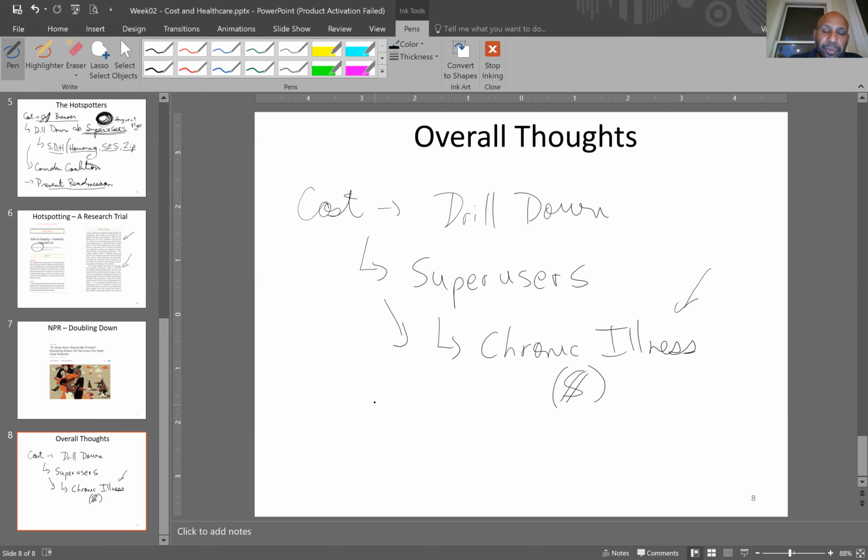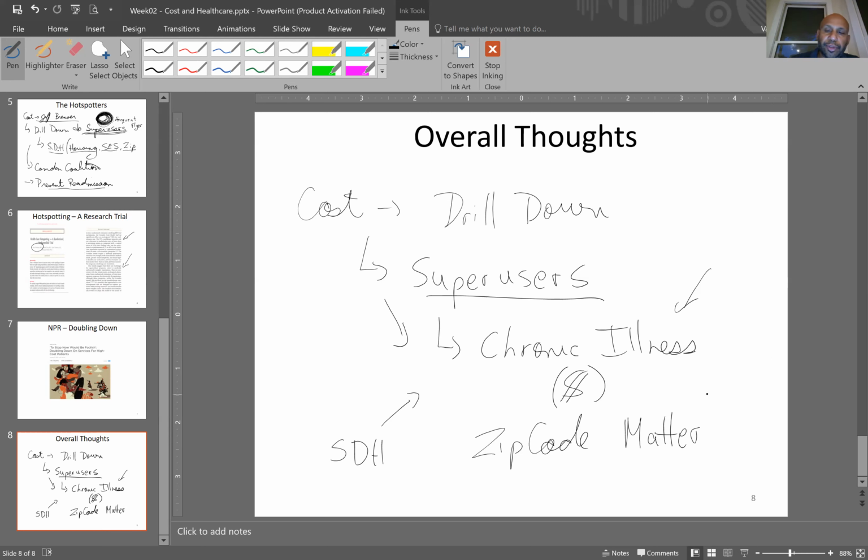At the same time, we know that individuals, irrespective of their health, are impacted by their social determinants of health. We all are. And so for individuals who live in parts of the country where their zip code matters, their health is going to be impacted in very different ways.